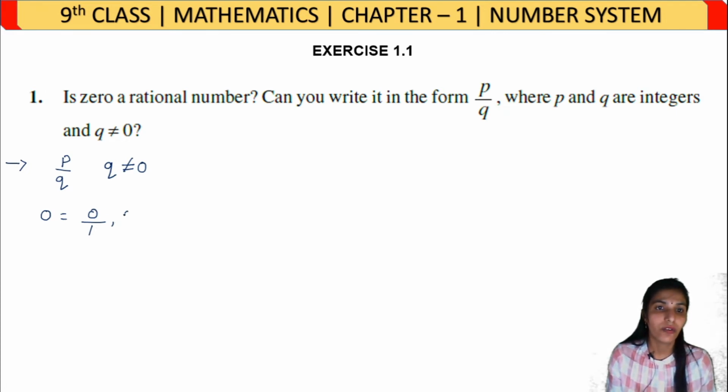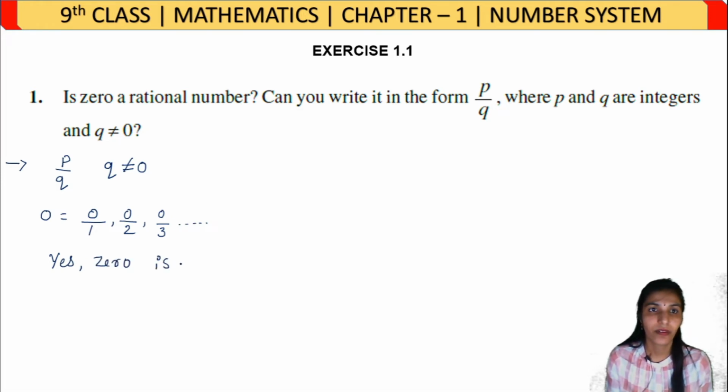And now 0 by 2, 0 by 3 and so on. So here we can write 0 in the form of p by q, that is, in the form of a rational number. So we can say that yes, 0 is a rational number.